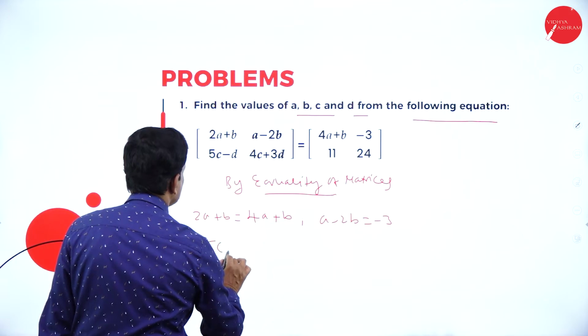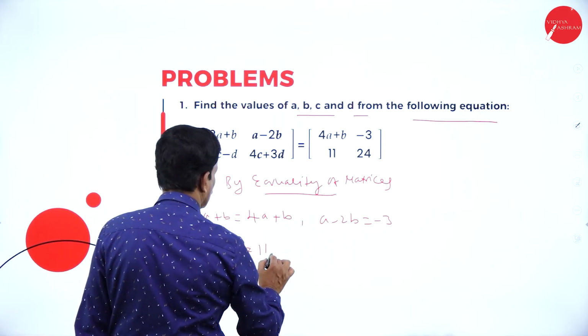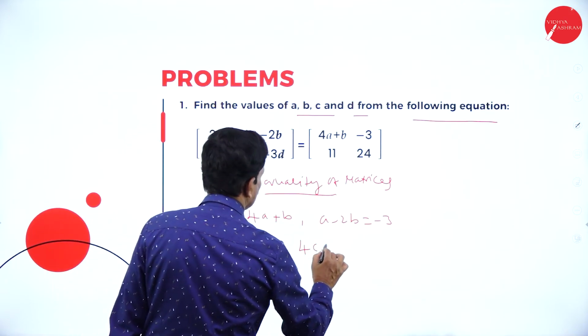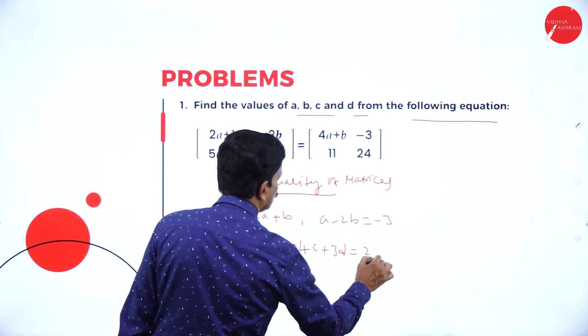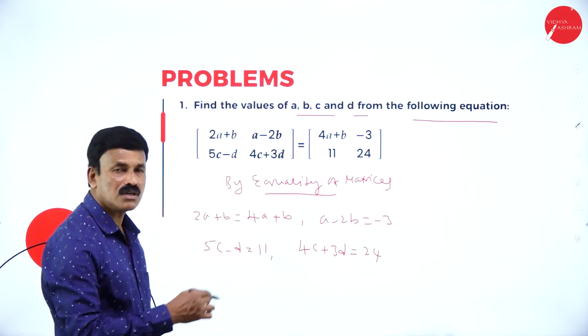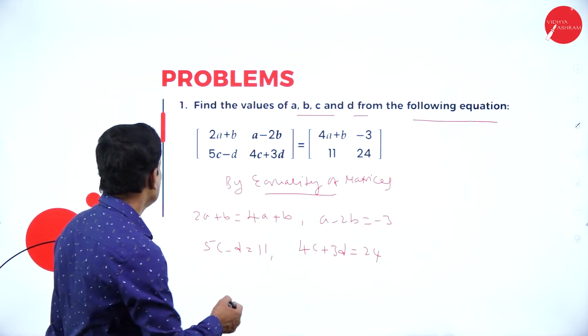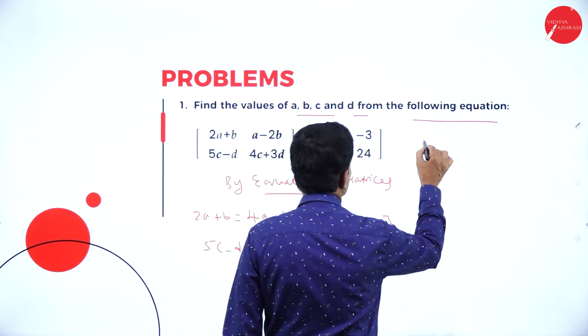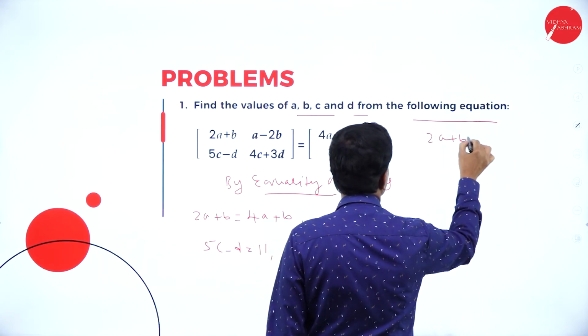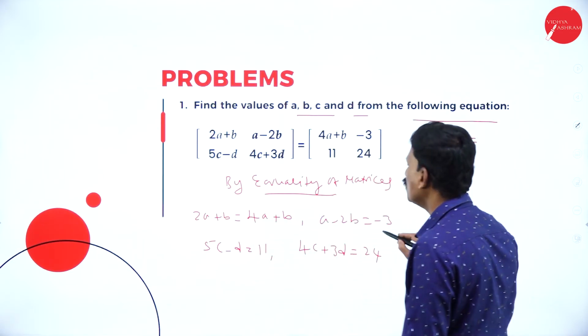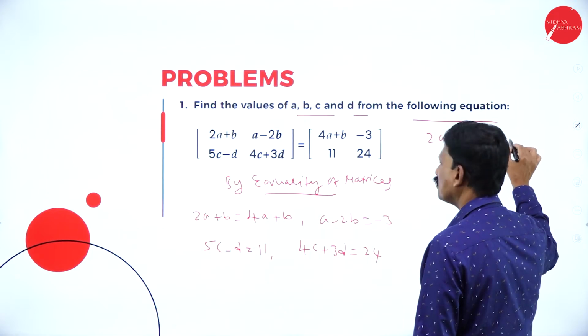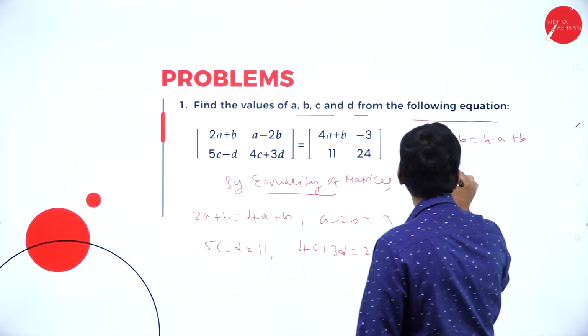Similarly, 5C minus D is equal to 11 and 4C plus 3D is equal to 24. Now, solving these equations, you will get the values of A, B, C and D.